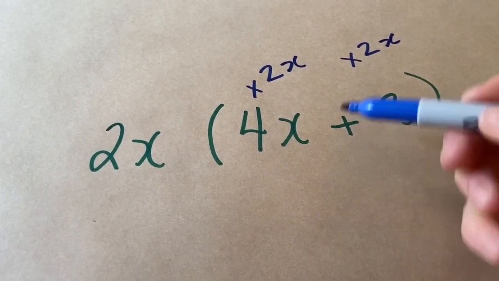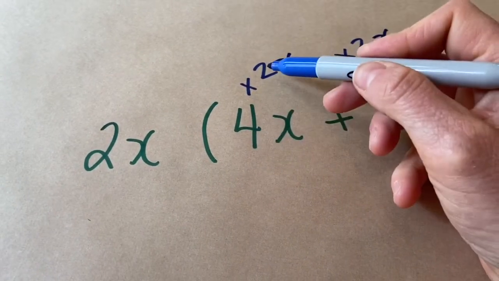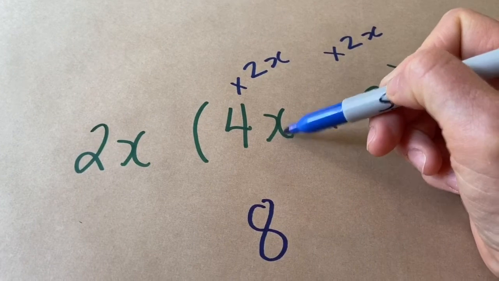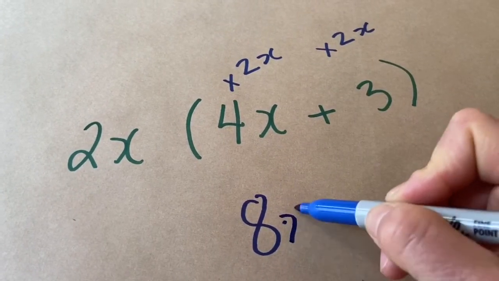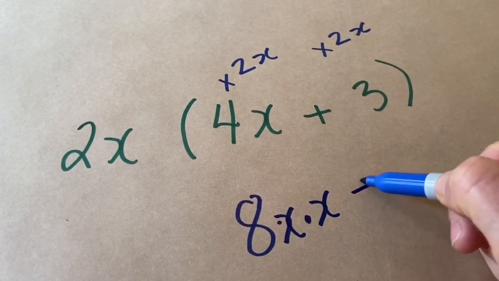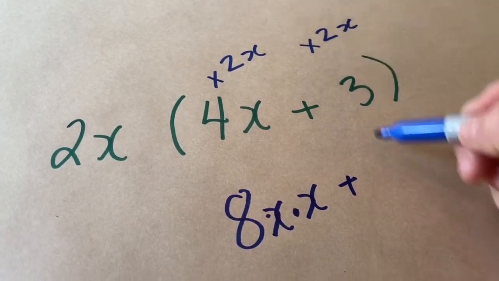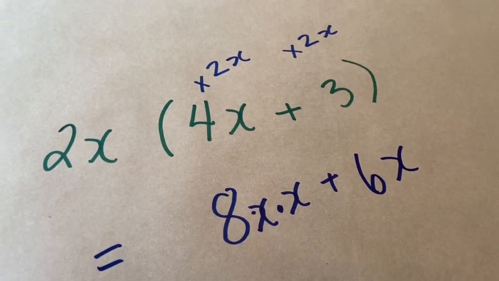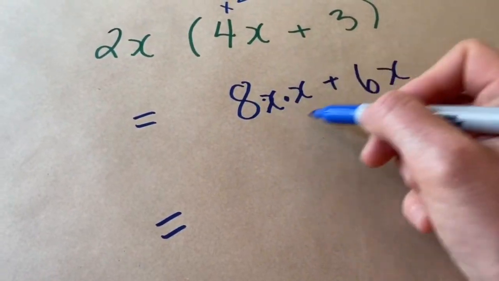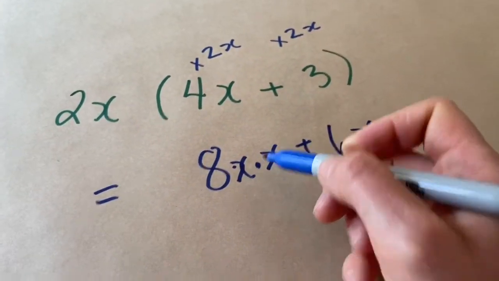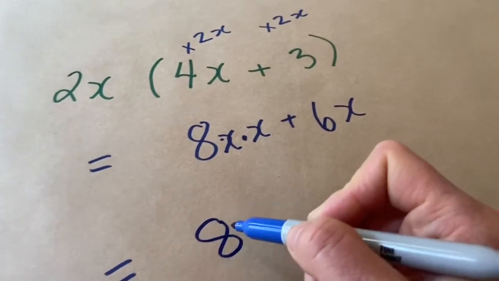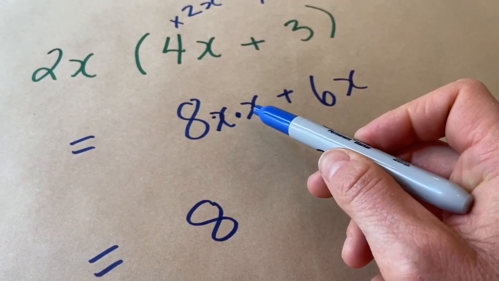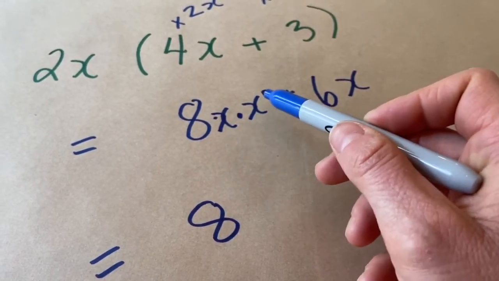Okay, so what I have is I have 4 times 2 is 8, and I have x times x. And then over here, I have 3 times 2 is 6, and I have x. Now this is great, except for there must be a better way I can write down x times x. Well, if you think back to our formulas for area, when I had r times r, that was the same thing as r squared.